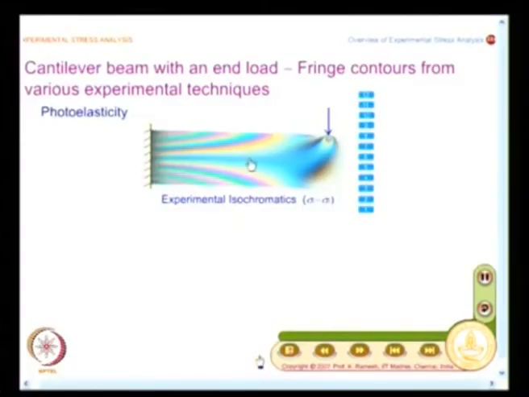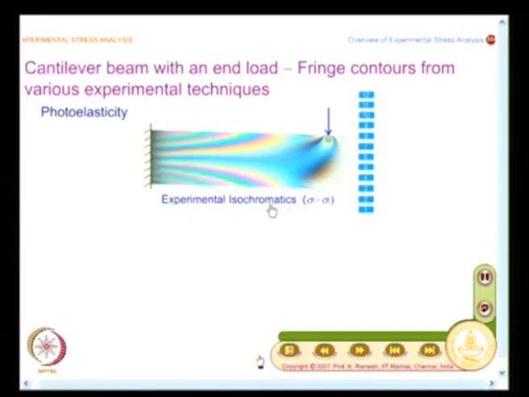You have the effect of shear which is embedded in this stress field, and another important point to note is at the center of the beam you have a light shade of blue. It is not black like what you have in your 4-point bending, and this is the load application point where you have fringes concentrated, and this is the clamped end, and this is how you get experimental isochromatics.